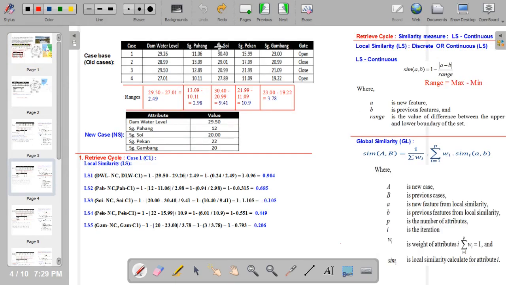The experts said the second attribute, which is Bahang, and the fourth attribute are the most important compared to the other attributes. Since these two attributes are most important, the experts suggest that they have twice the value of the other attributes.